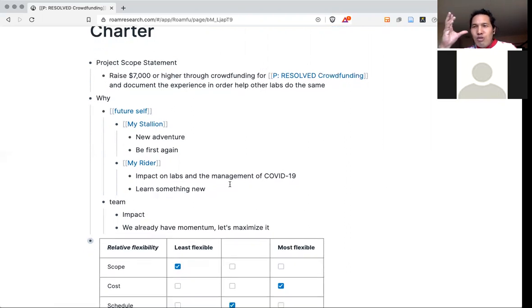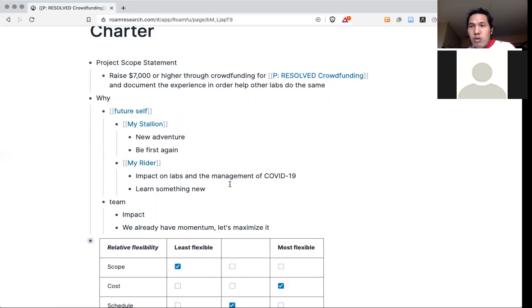But for the rational part, this is clearly important because there are a lot of countries in the world which don't have genomic pathogen surveillance, who couldn't sequence SARS-CoV-2 and use that information to manage the pandemic. It's only the UK, the US, and a few other rich countries doing this right now.